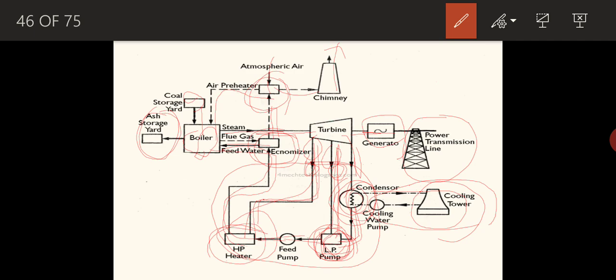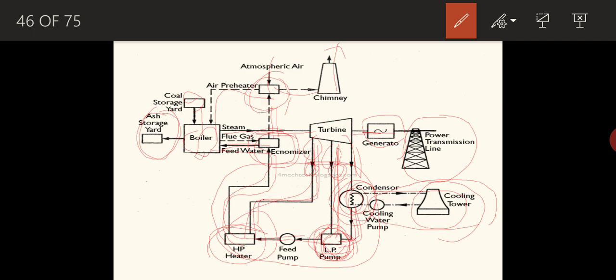Inside the low pressure pump, an intermediate steam bled from the turbine is mixed with the water. The temperature of the water will be slightly increased, and the steam mixing with this water will change its phase. So the final state will be liquid only, which is pumped using a feed pump. Then it comes to the high pressure heater.